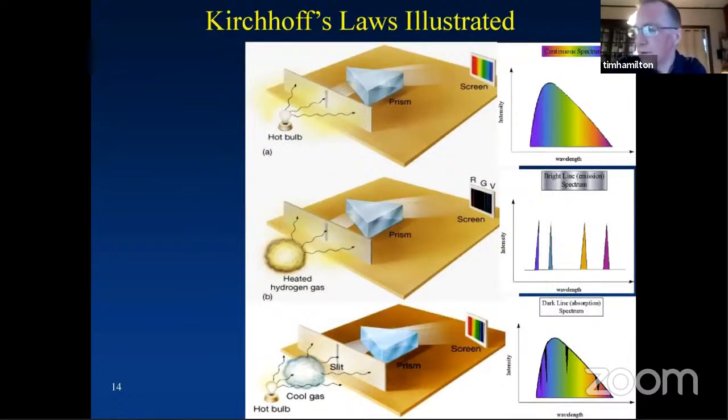But the three that we'll be concerned with here are, in A at the top, a hot, dense gas, or a hot solid or liquid. Anything that's dense will produce a continuum spectrum. A continuum spectrum emits all the colors of the rainbow, very much like what you normally see from the sun.